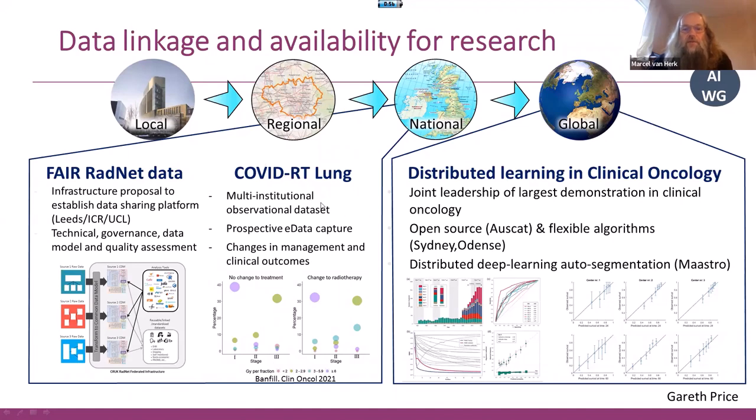And an example of data sharing is COVID RT lung, where we're looking at the treatments of COVID patients and looking at their change in management and clinical outcomes during the epidemic. And then globally, we're looking into distributed learning to connect different data sources together. And for instance, we have shown a 20,000 patient demonstration of distributed model building, and that was published last year.